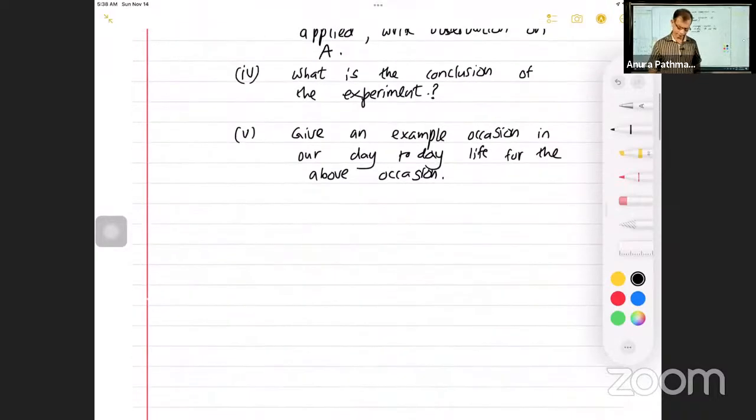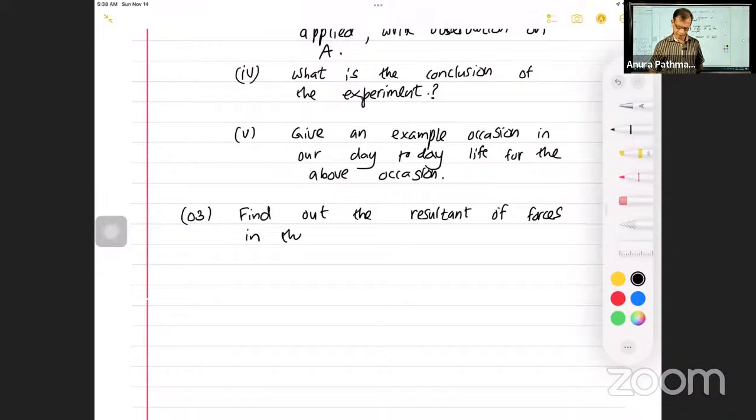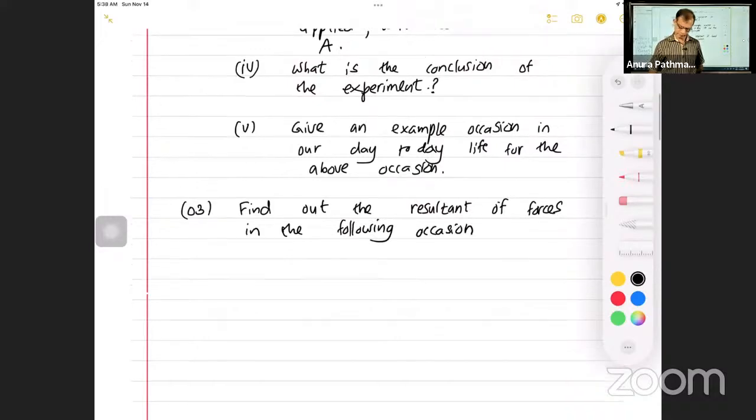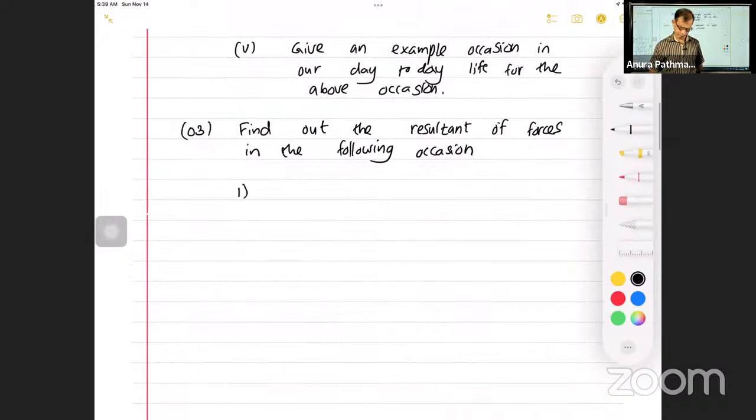Third question. Find out the resultant of forces in the following occasion. 1.